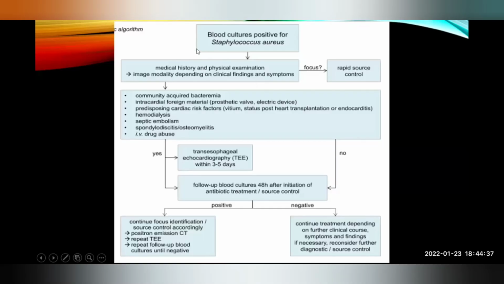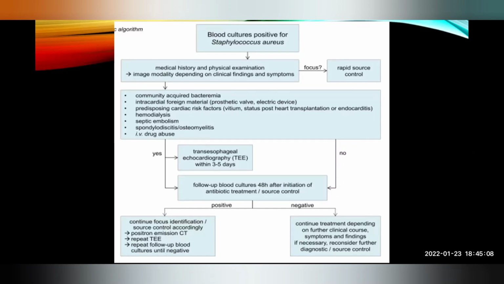Whenever a patient is having Staphylococcus aureus bacteremia, first and foremost, look for your thorough history as well as physical examination. If the focus is there, you do the rapid source control. The rapid source control measure you have undertaken here is that you have removed the pus, but still the patient is having bacteremia. So the next thing is you'll have to look for any other risk factor like IV drug abuse or hemodialysis, or any other source of infection.